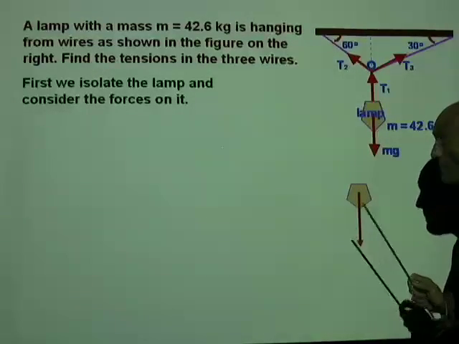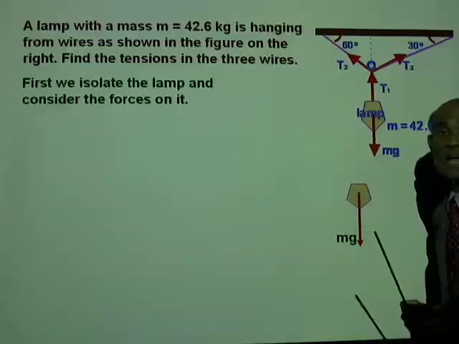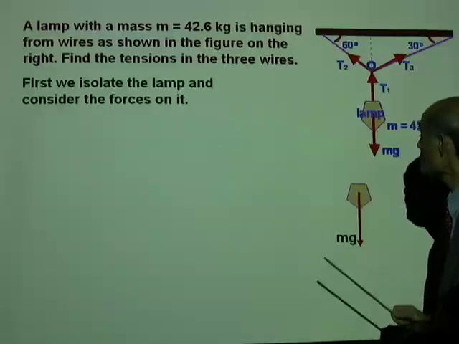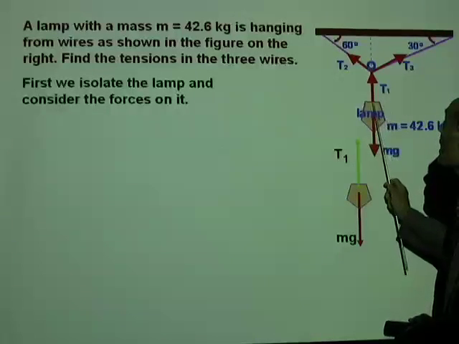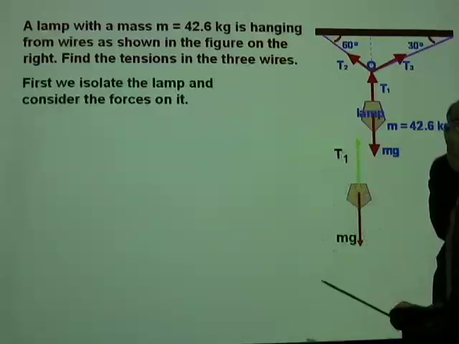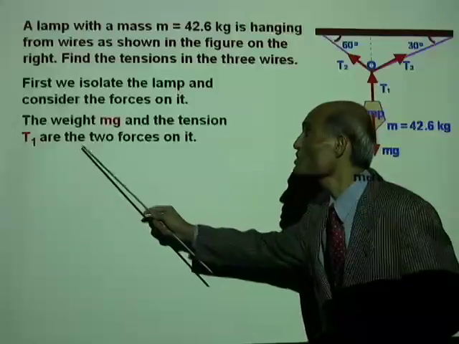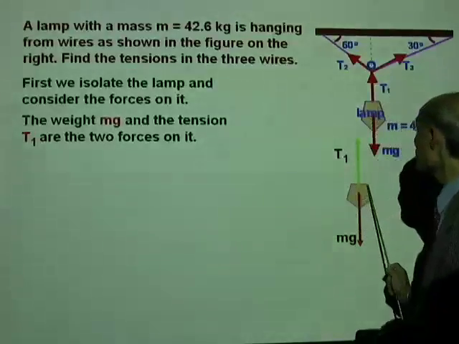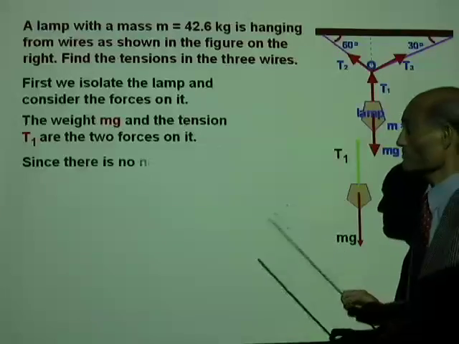I'm going to mark the forces on the lamp. The first force on the lamp is its weight mg, and the other force is the tension T1 that is on this piece of string. Okay, the weight mg and the tension T1 are the two forces acting on the lamp.